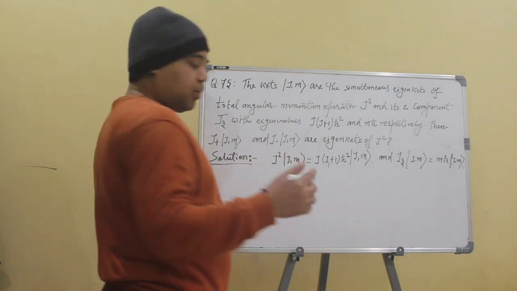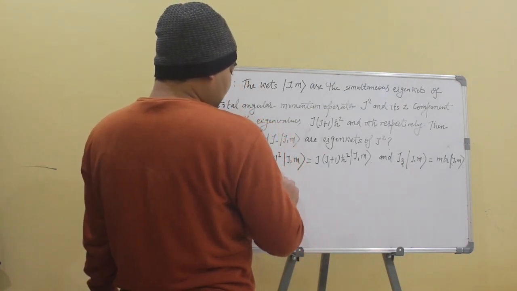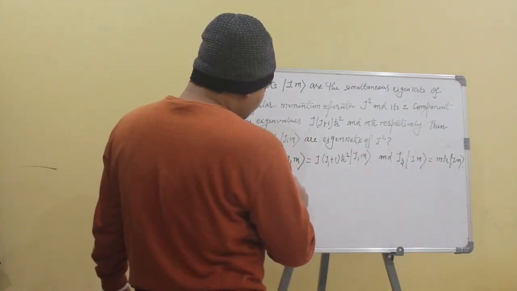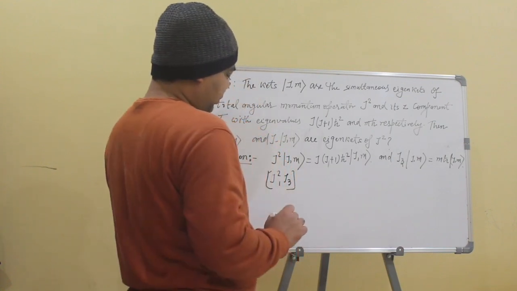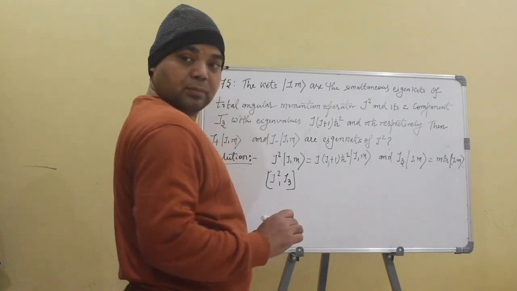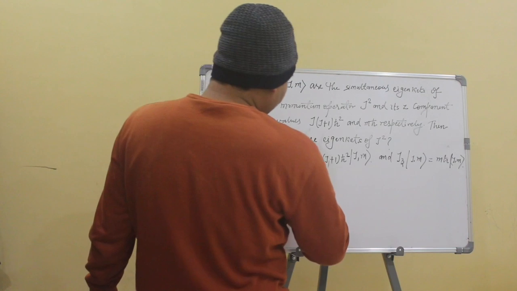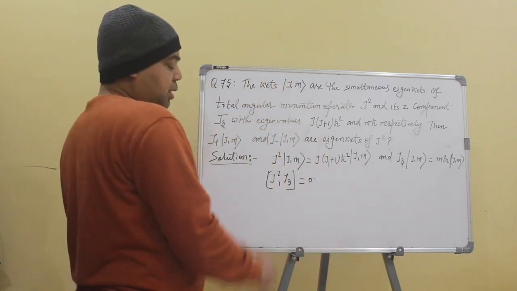So it's a very important problem, right? It means that J square and Jz will commute. You can check whether it is true.